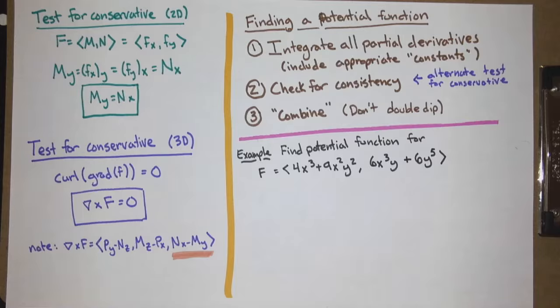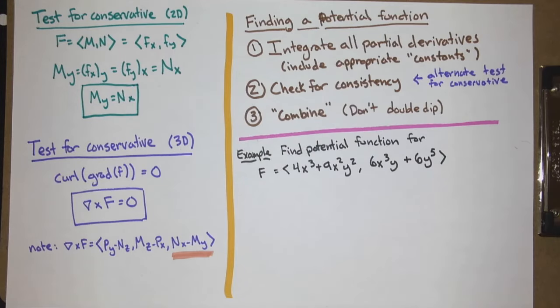Now there's a similar test for 3D, but instead of listing it out, we go back to something we mentioned at the end of class a few times ago, which is if you take the curl of the gradient, you'll get 0. And it turns out the only way you get the curl of something equaling 0 is if you start with a gradient of something.